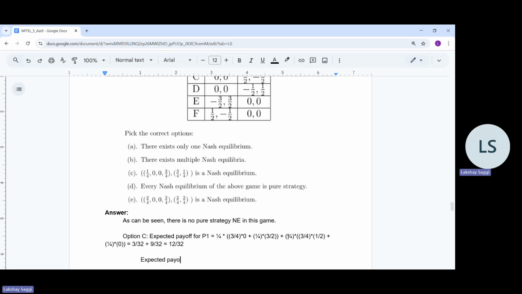What's the expected payoff for the other player? Maybe we can check here for ourselves. So this is the payoff for P1.